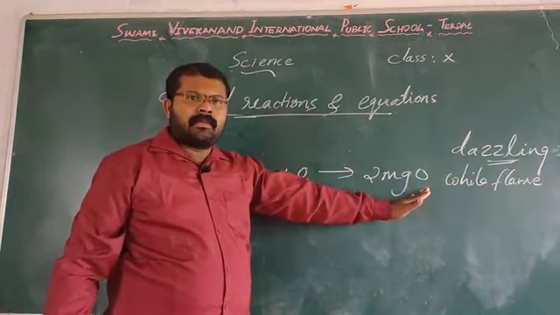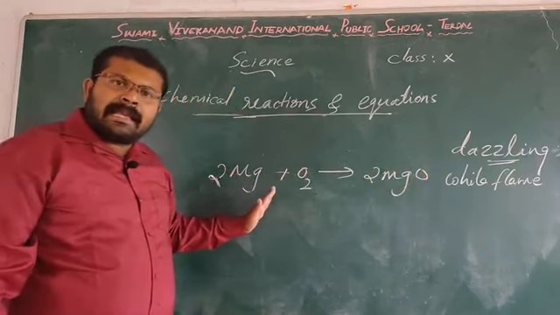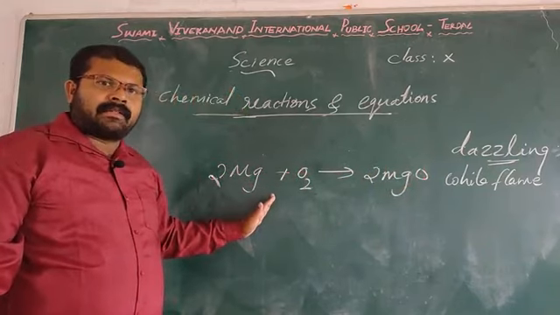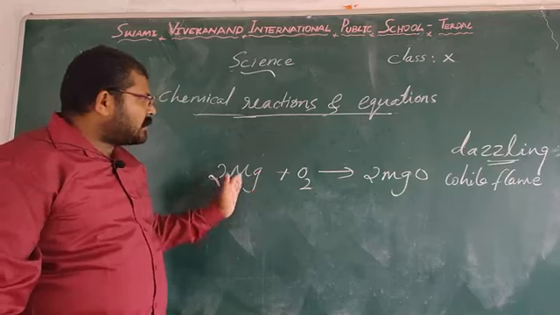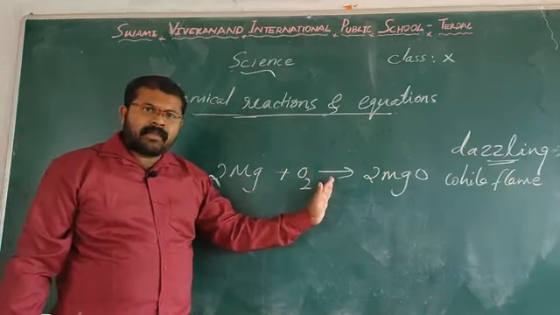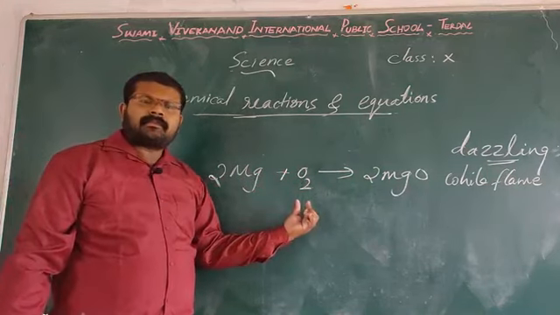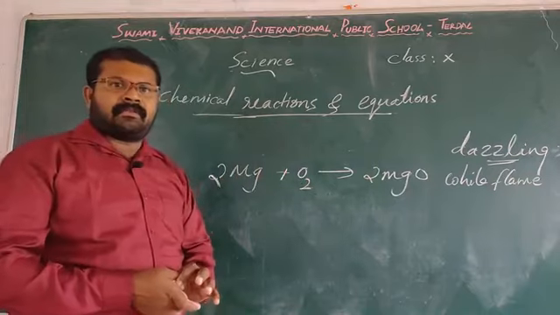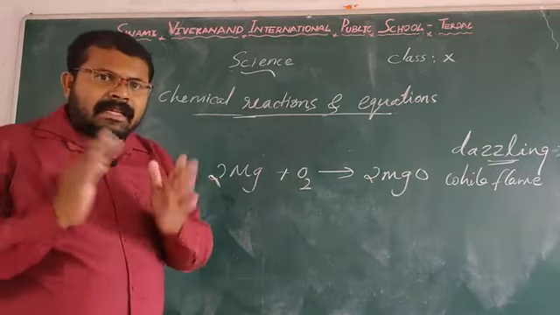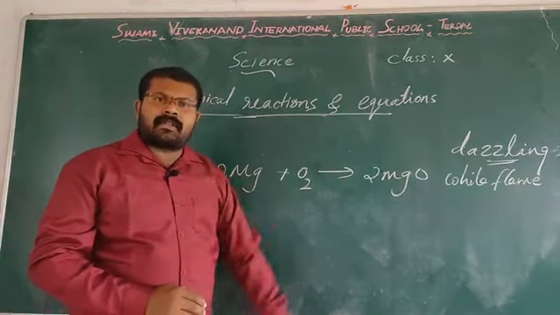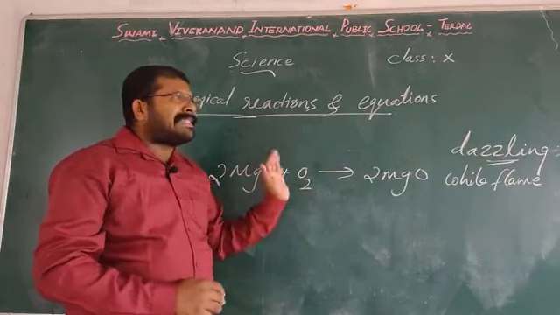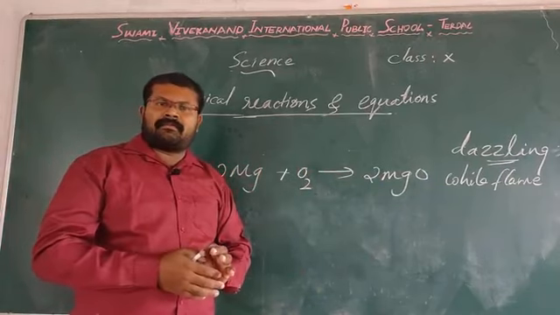So we can say it is a chemical reaction. Got it? Next we are going to discuss how we can identify whether a chemical reaction has occurred or not. Many changes are occurring in our daily life.